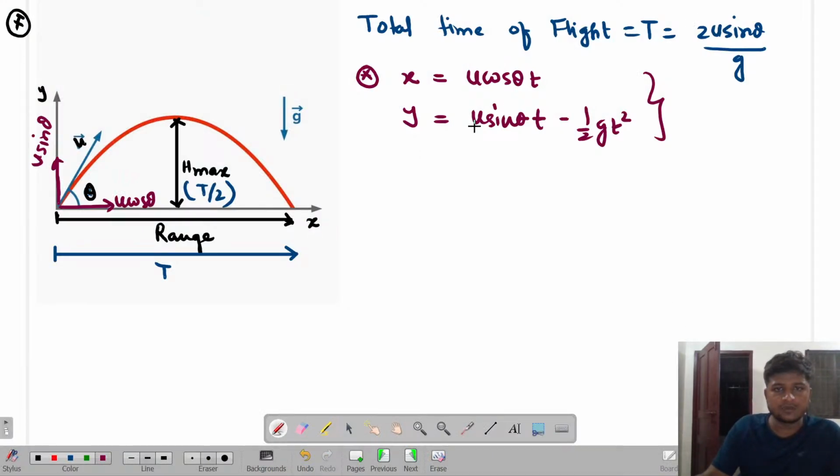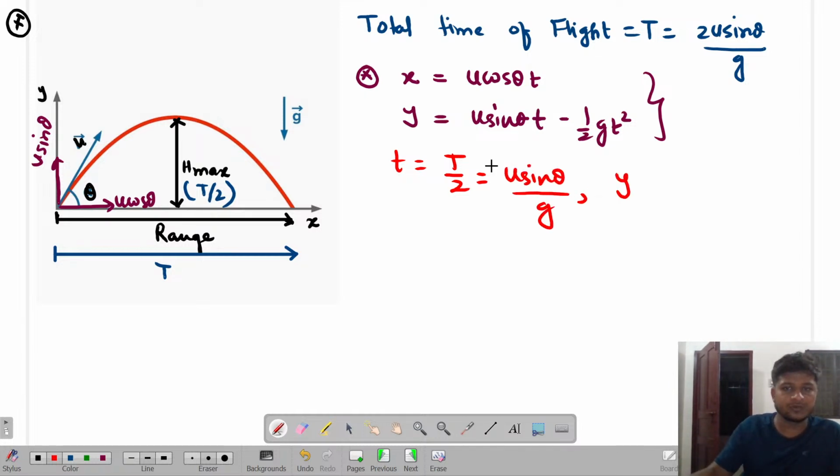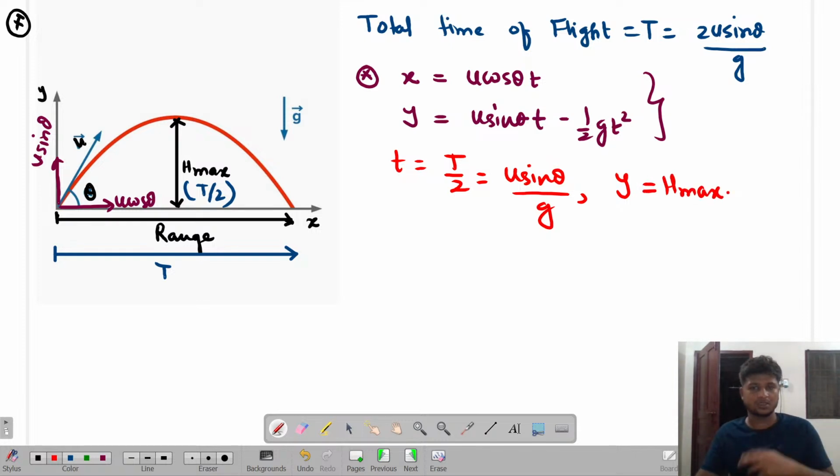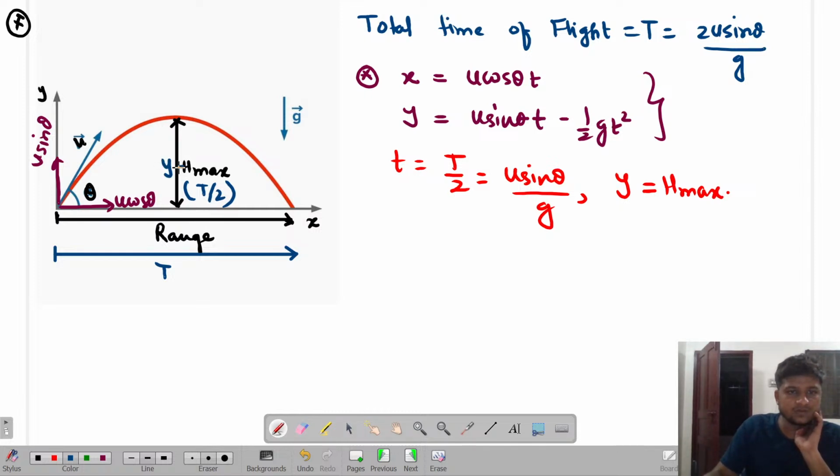Now, when I consider half of the total time of flight, when t is exactly equal to T by 2, that means u sin theta upon g, then y displacement is going to become h max or not? Tell me yes or no. This displacement along y will be just equal to how much? H max. For total time of flight, y is how much? 0. But for half of the time of flight, this y value is exactly equal to h max or not? Guys, is this clear?